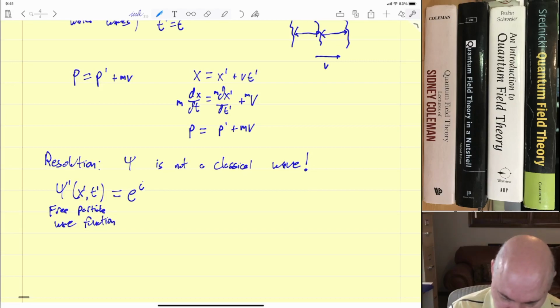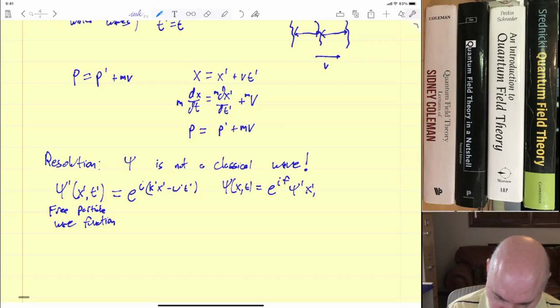A free particle will have a form like this: e to the i, k prime, where k is the wave number, k prime x prime minus omega prime t prime. Now, if we have that kind of wave in the prime system, how does it look in the unprimed system? Well, we just have to calculate. We already calculated that psi of x comma t is equal to e to the i f times psi prime of x prime, comma t prime.